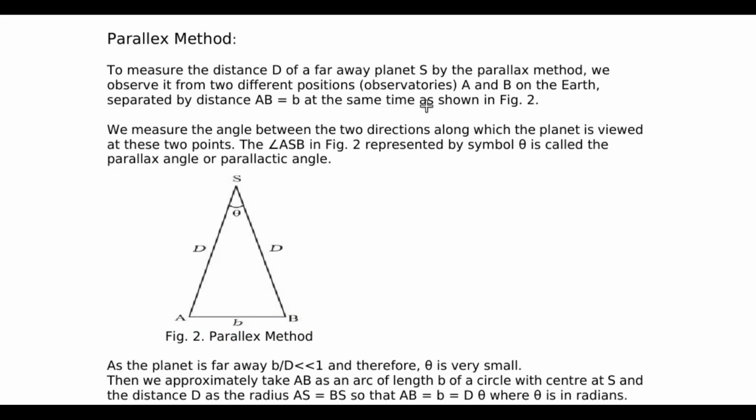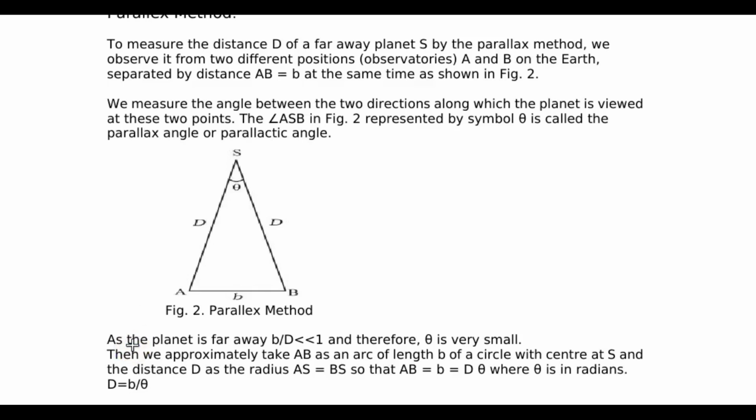At the same time, as shown in the figure, we measure the angle between the two directions along which the planet is viewed at these two points. The angle ASB in figure 2, represented by the symbol theta, is called the parallax angle or parallactic angle. You could see the angle ASB is denoted by theta, and this is known as the parallax angle.